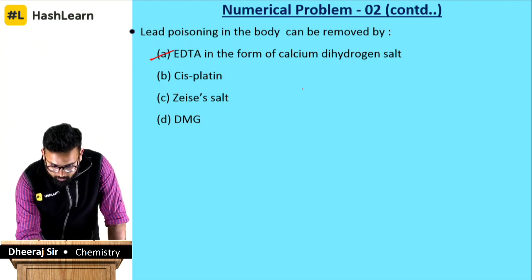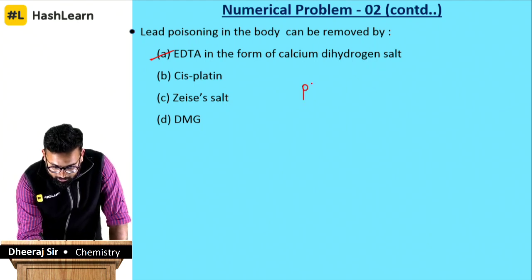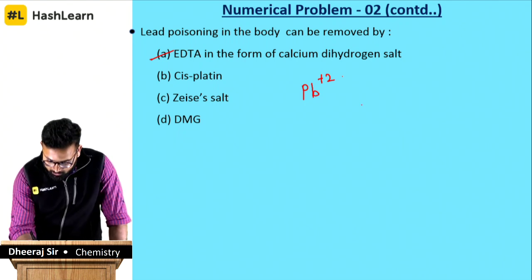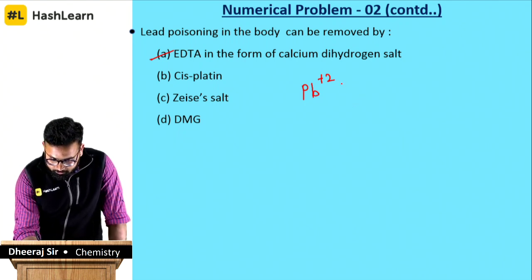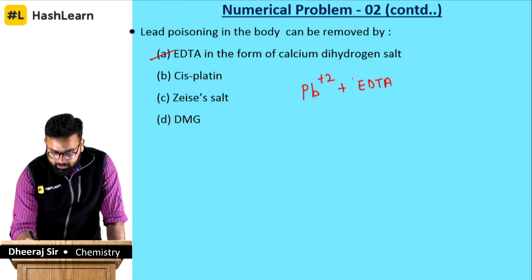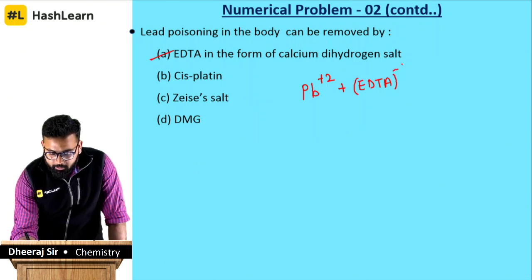Let me tell you. Lead poisoning, that is lead in the human body, will be present in the +2 oxidation state. It is going to combine with EDTA. You should know that EDTA is a hexadentate ligand, and EDTA is ethylene diamine tetraacetate. Therefore, the charge on this is going to be -4.